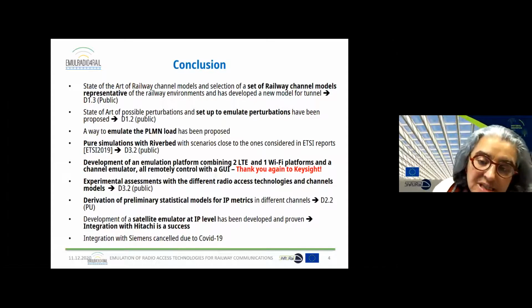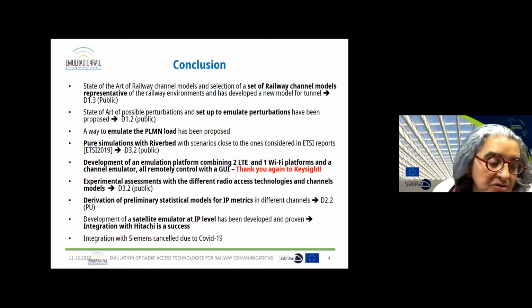And thanks to this long experimental assessment of the different radio access technologies, we obtain the proof of concept that our vision is working. We obtain interesting results for long tests that allow us to propose some modeling of the main IP metrics, such as jitter, bandwidth, end-to-end delay, and packet error rate.